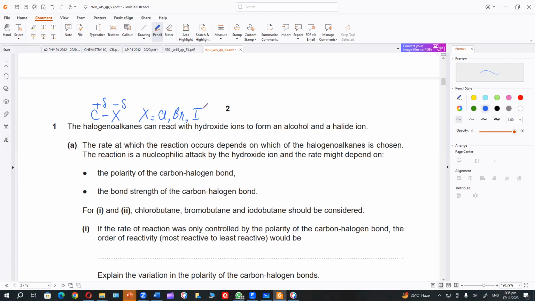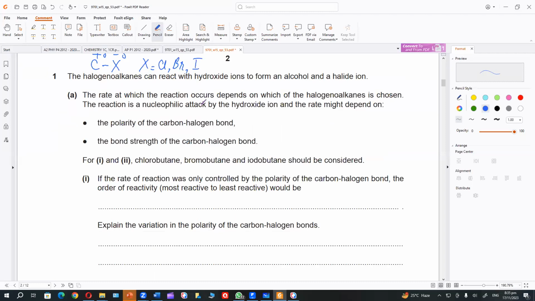And if the rate of reaction was only controlled by polarity, electronegativity is the maximum for chlorine, then bromine, then iodine. So the carbon chlorine bond would be the most reactive.